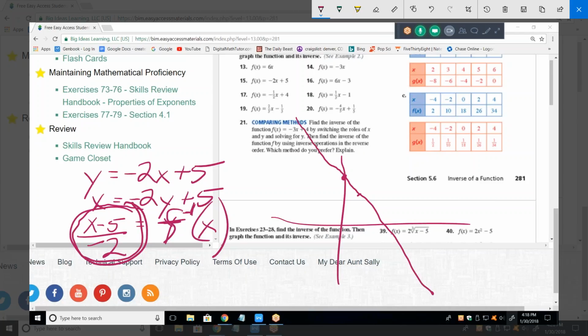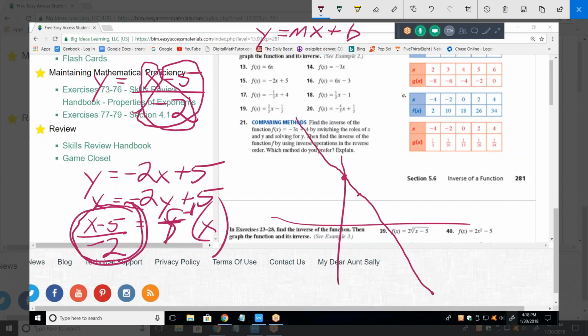Now let's go back and look at this one on the bottom. If I'm trying to graph this, it's not really in y equals mx plus b format yet, is it? I've got to get it into y equals mx plus b format before I can graph it. What I'm going to do is separate it into that part and that part.